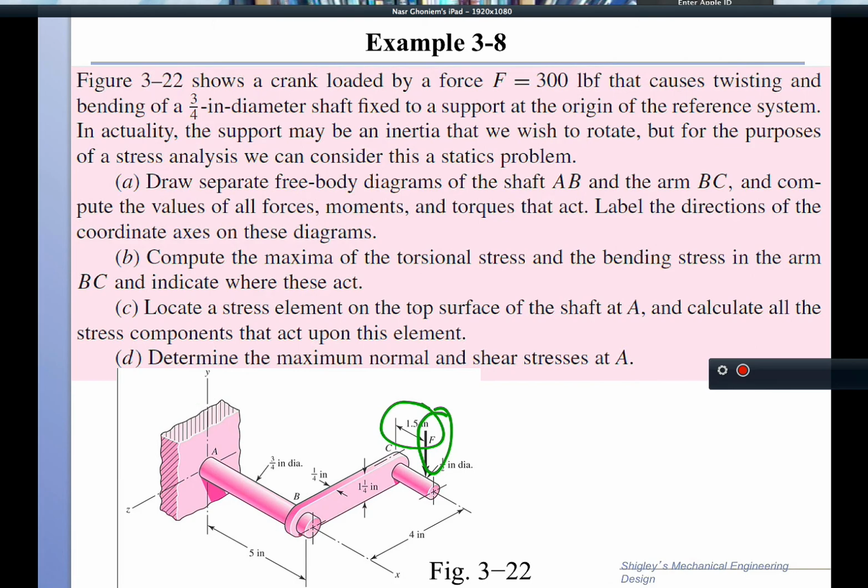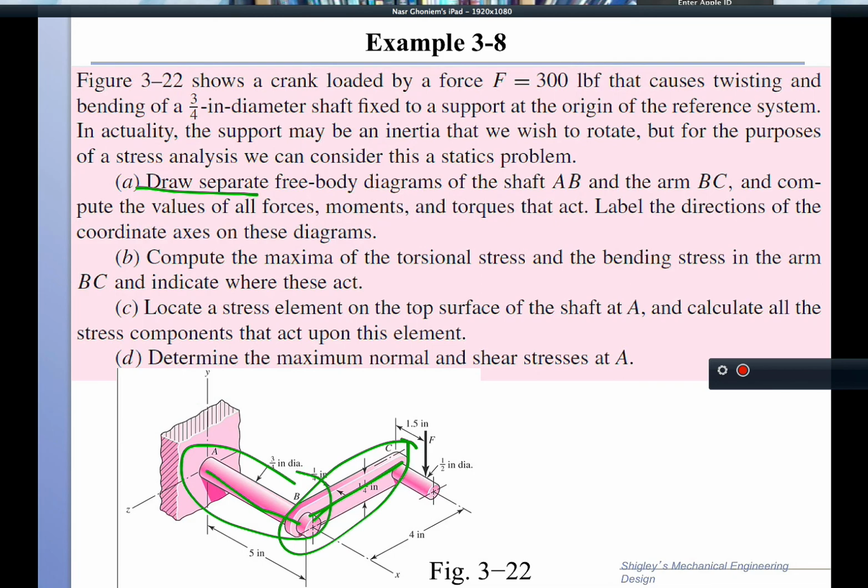And we have a force applied on one end, a distance 1.5 meters away, inches away, from the center of the shaft BC. In addition to that, there's a rigid attachment between the two elements, because we have a shaft AB in here and another beam, BC. We want to, number one, draw separate free body diagrams, one for BC and the other for AB.